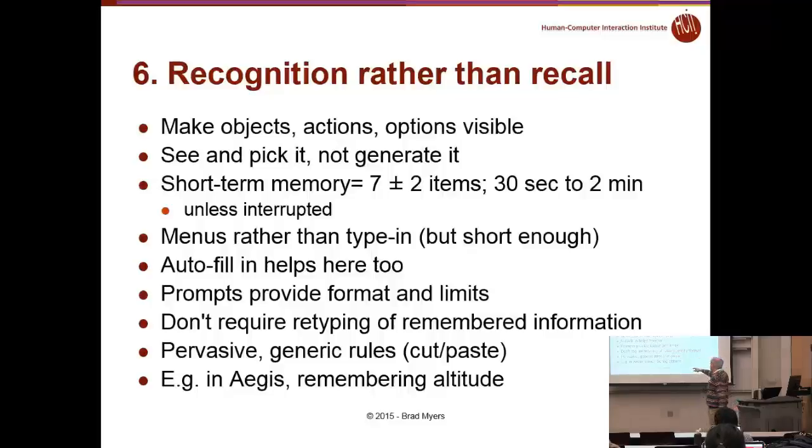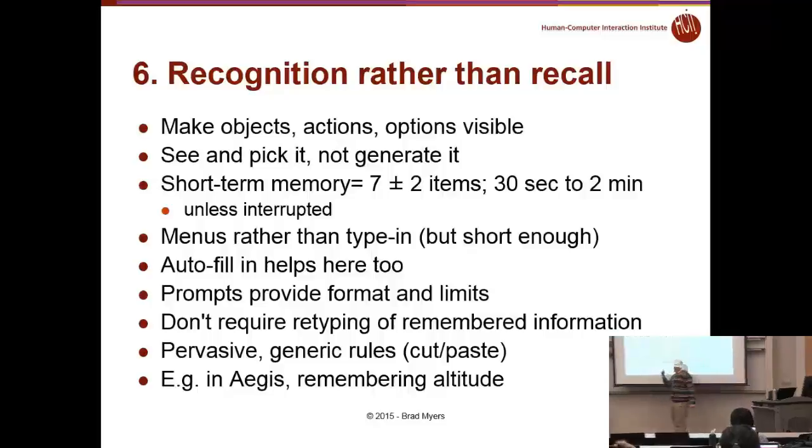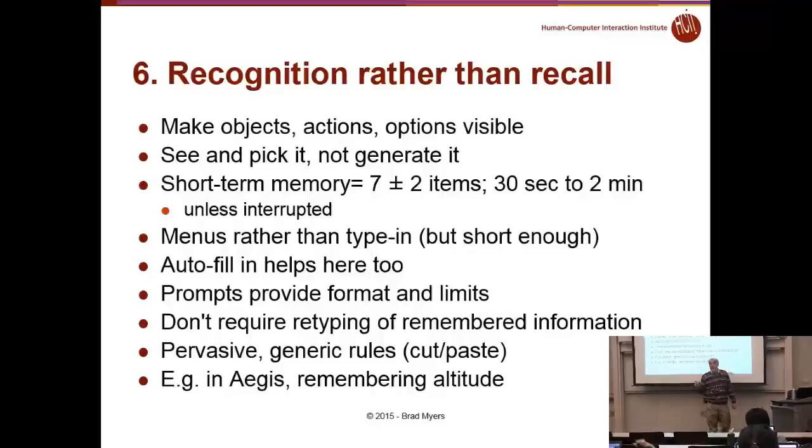And then the final example here is, if you remember from the first lecture, there was a display on the scope that had the altitude, and the user was required to do math in their head to remember the old value and compare it to the new value to see if the airplane was going up or down.